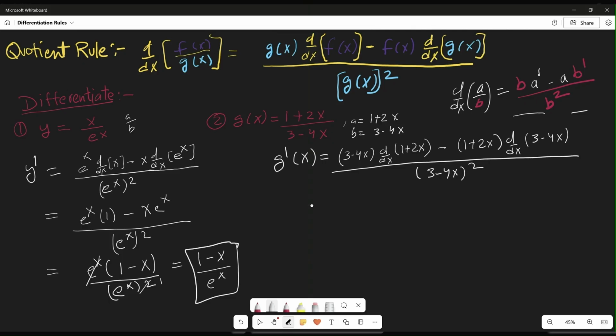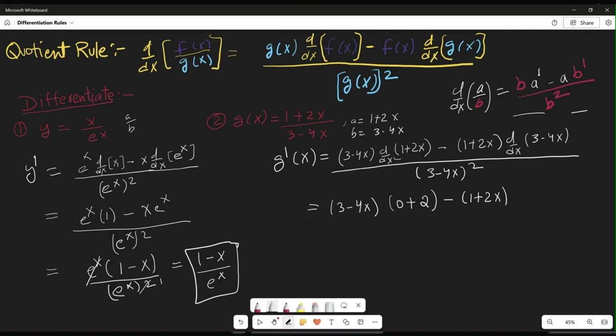Okay, 3 minus 4x as it is, and the derivative of this is applying the sum rule, right? The derivative of a plus b is what? The derivative of a plus the derivative of b. So the derivative of 1 is 0, the derivative of a constant is 0, plus the derivative of 2x is simply 2, minus 1 plus 2x. Again, the difference rule here: the derivative of 3 minus 4x is the derivative of 3 minus the derivative of 4x.